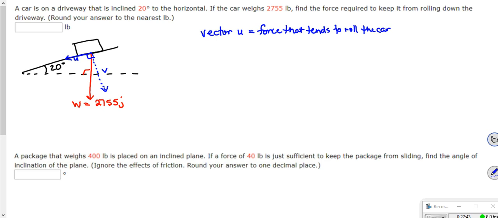Vector V is the force experienced by the surface of the driveway.